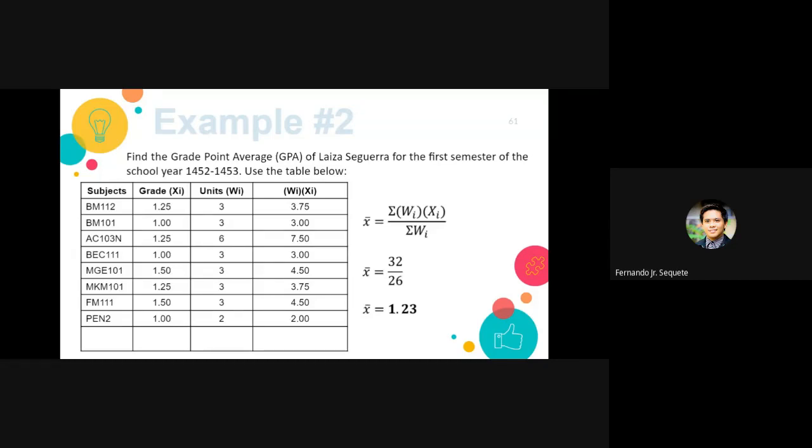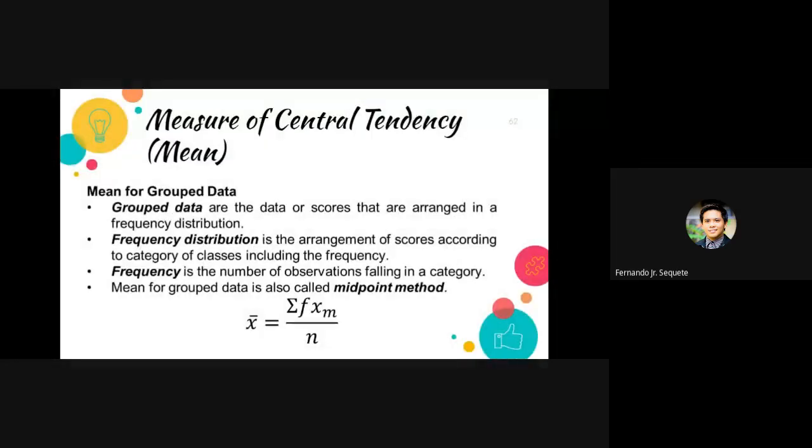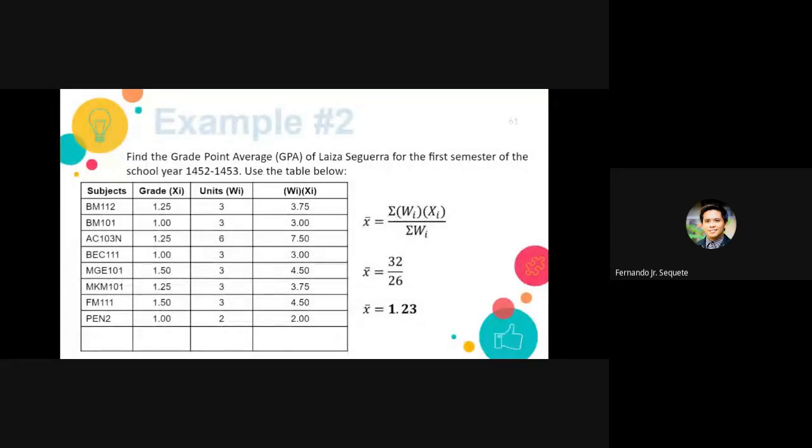Okay. Perhaps, is there another reason why example number 2 is considered ungrouped data and not grouped data? Again, when we say grouped data, children, according to the definition, the data or scores are arranged in a frequency distribution. Looking at example number 2, is it arranged using a frequency distribution? Sir, because it is not in an FDT.